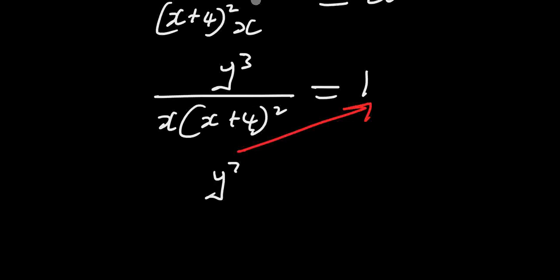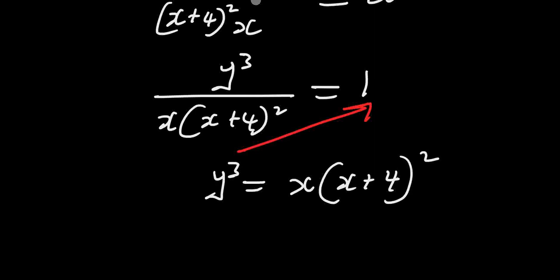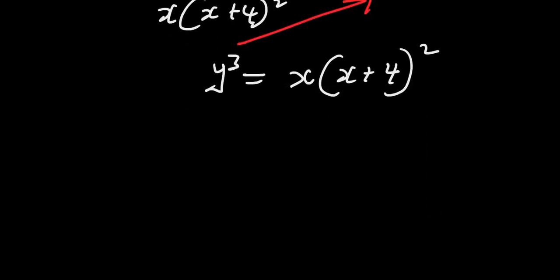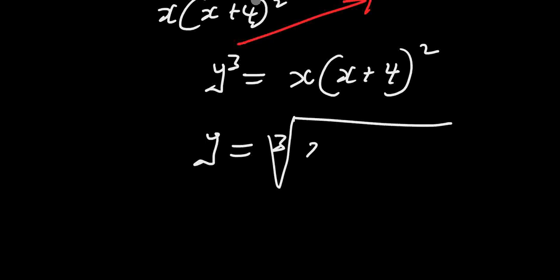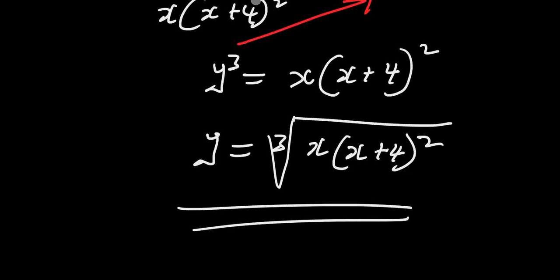So y to the third power is equal to x times (x plus 4) squared. And because we are writing this equation in terms of y, that means we are making y the subject of this formula. So at this point, we can simply take the cube root of both sides. If we take the cube root of both sides, then y will be equal to the cube root of x times (x plus 4) squared. And this is the final answer to this question.